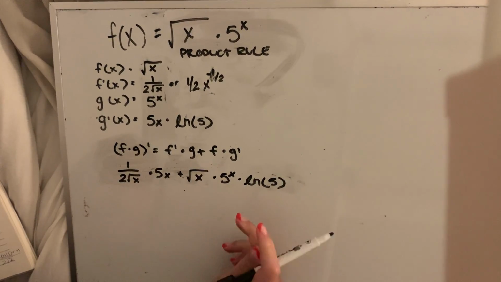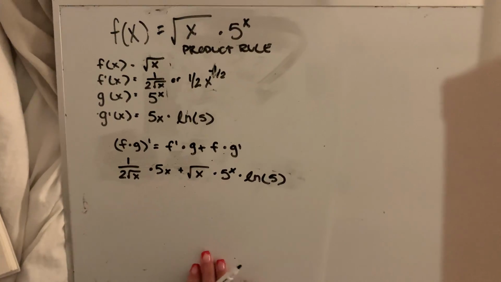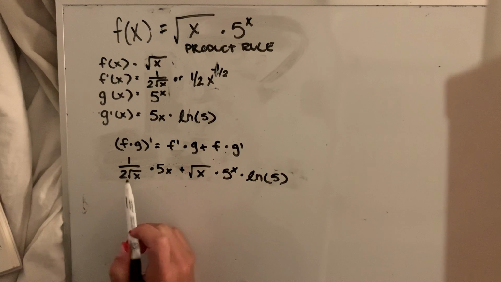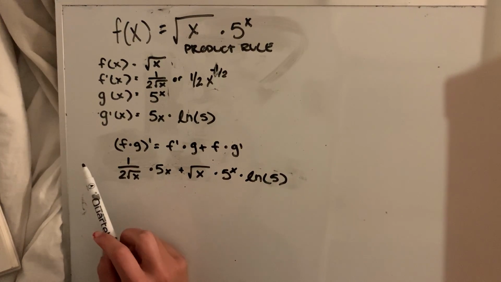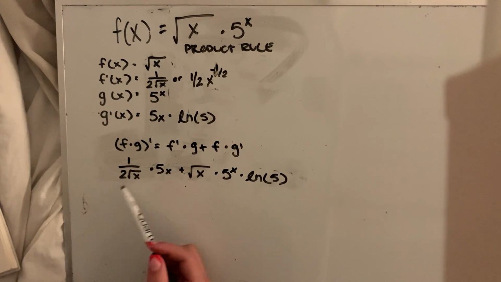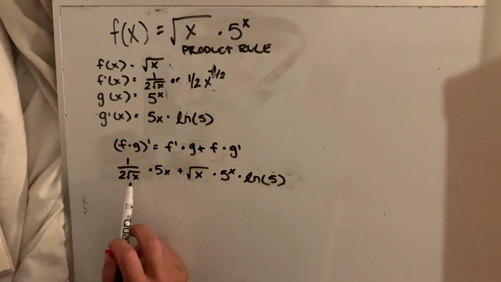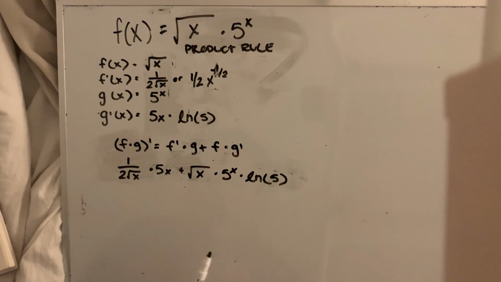And then to simplify this equation, I'm going to take the 2 square root of x and multiply it across the whole equation, to get rid of the denominator.